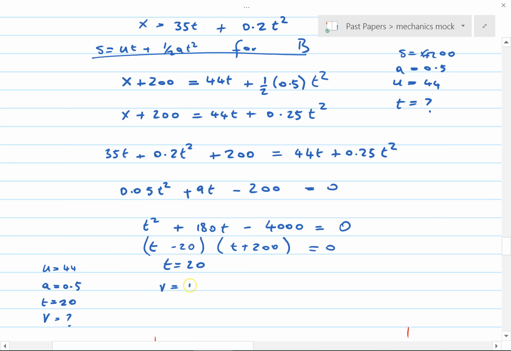Just using v is equal to u plus at. So v is equal to 44 plus 0.5 times 20. So v is equal to 54 meters per second.